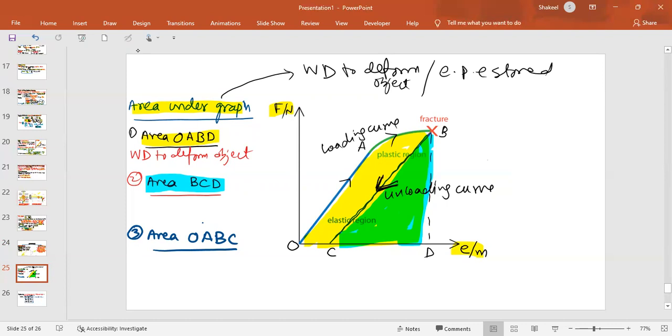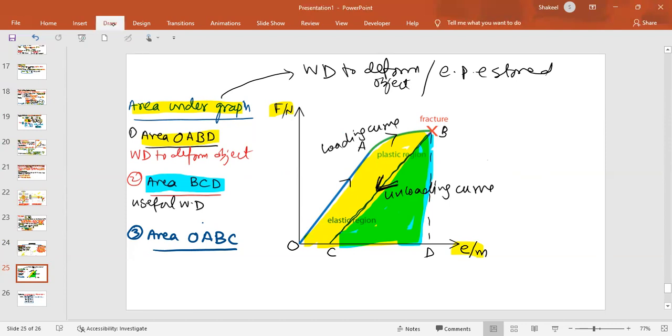So the area under BCD gives you the useful work done. This is the work done that we are looking for. If you pull a catapult, you do some input work on it in order to pull it, and when you release it, the output energy that you get is kinetic energy. So this area BCD represents the useful work done.